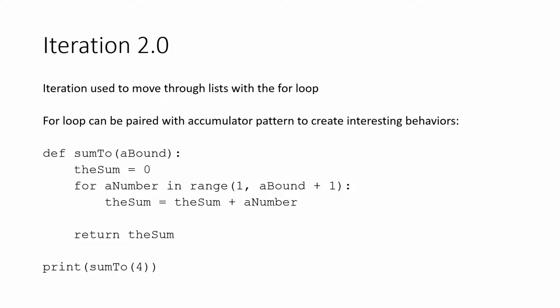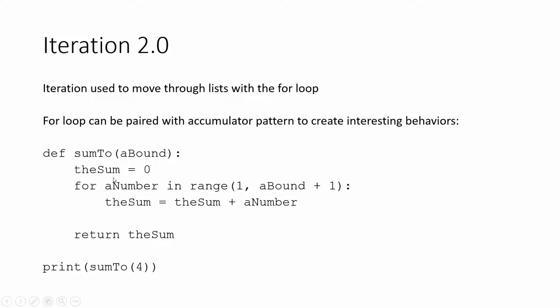Now, by using iteration and pairing that with the accumulator pattern, we can create some interesting behaviors. Consider, for example, if we want to sum all of the numbers up to a certain point. Well, we can write a simple function to do that, and you can see that here.